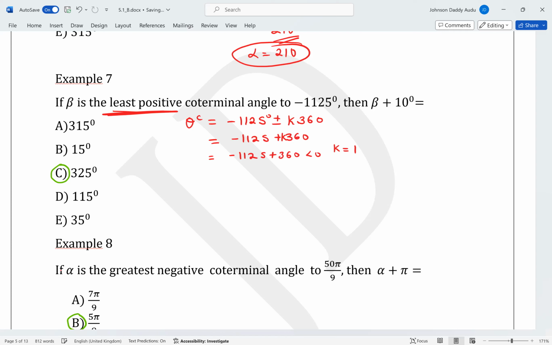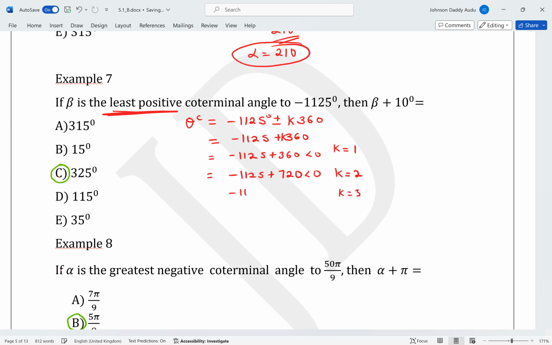So it will not work. Now, k equals 2 will be minus 1125 plus 720. This is also going to be less than 0, right? So we try k equals 3.